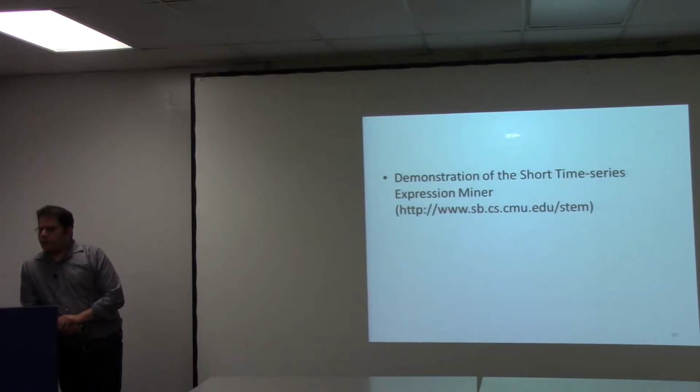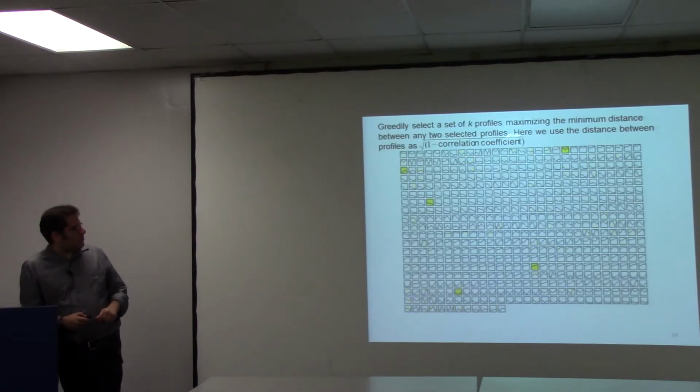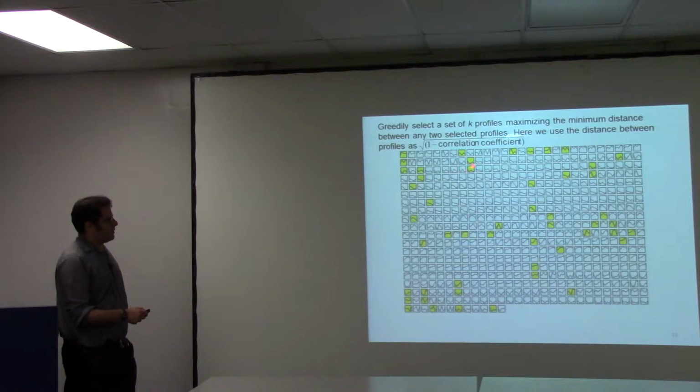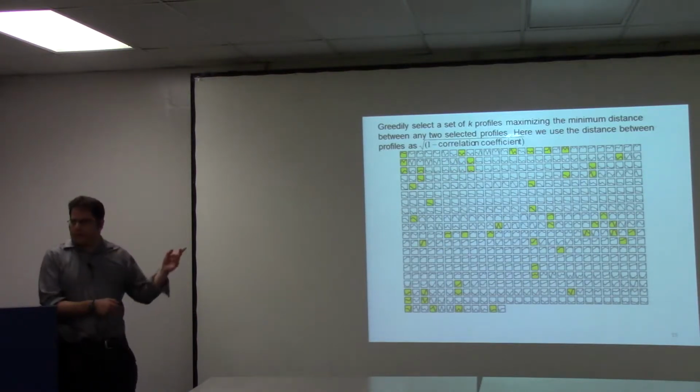So you're saying we take the candidate profiles and now assign them to the selected profiles? I'm not sure I know your terminology, but the candidate profiles are the ones that you selected in advance, right? So the candidate ones are any of these, and the selected ones, I was referring to the yellow.